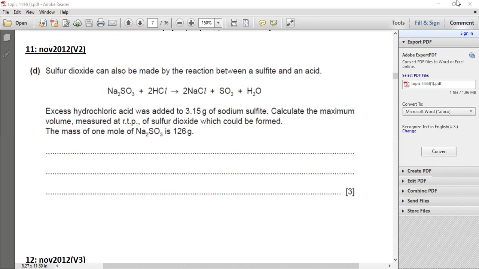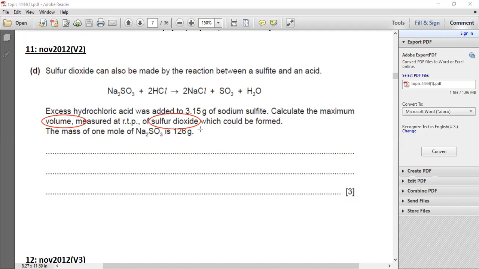Read the question carefully, Roa. Calculate the maximum volume measured at RTP of sulfur dioxide. So does he need the mass of 1 mole or the volume? Volume. So why are you saying mass? So here he needs the volume of sulfur dioxide. How can you find the volume of sulfur dioxide?